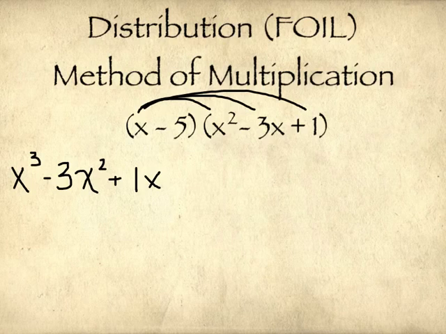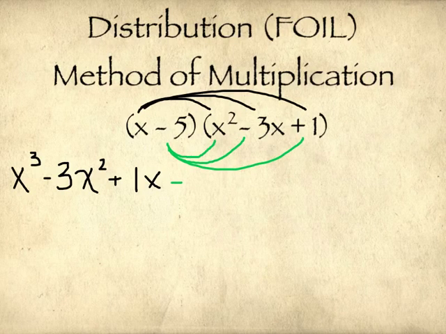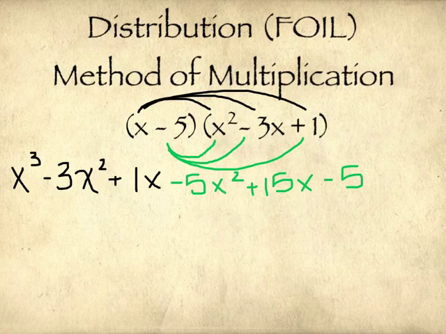And then we'll go through and we'll take our second term of the binomial, this negative 5, remember the negative stays attached, and multiply it out to each one of those other terms. Negative 5 times x squared is negative 5x squared. Negative 5 times negative 3x is positive 15x. And negative 5 times 1 is negative 5.